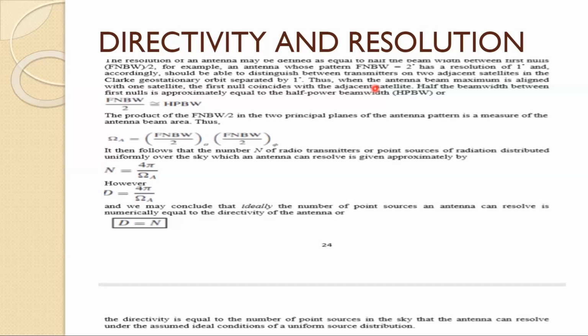Therefore, FNBW by 2 equals HPBW. The product of FNBW by 2 in the two principal planes of a particular antenna is the beam area. So beam area equals FNBW by 2 multiplied by FNBW by 2.